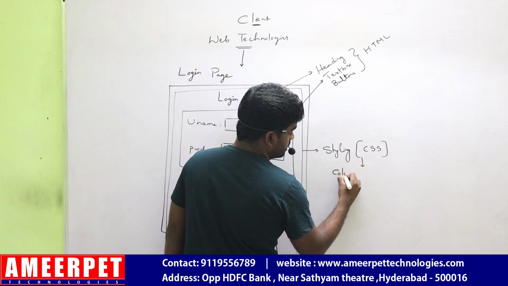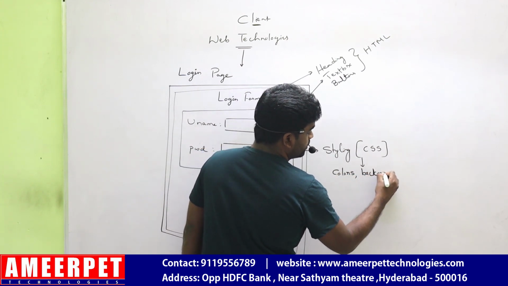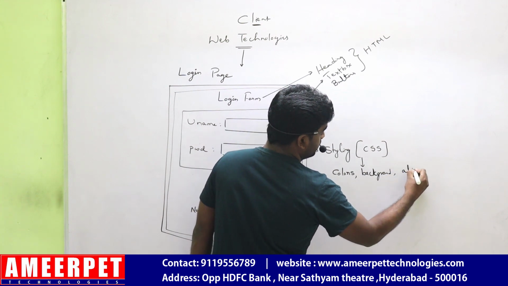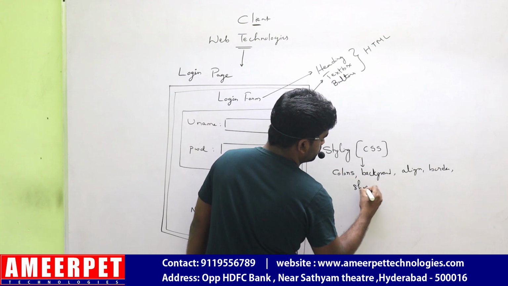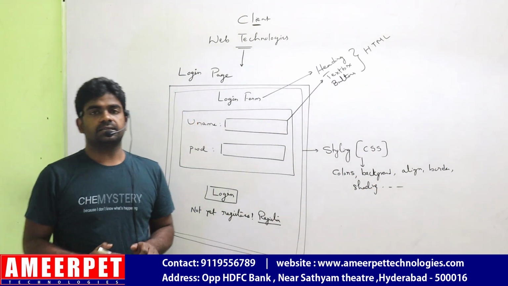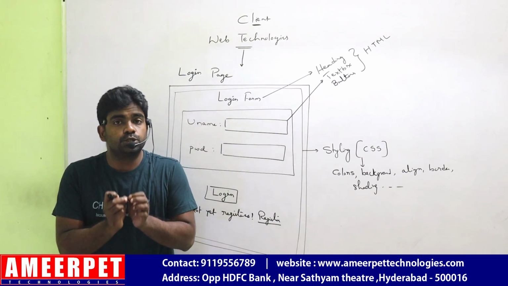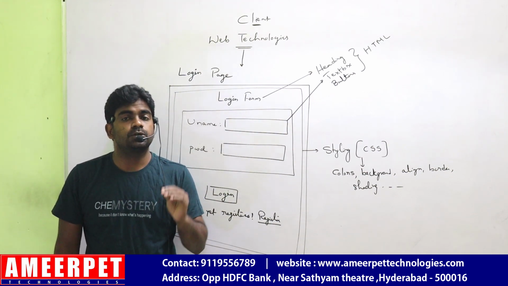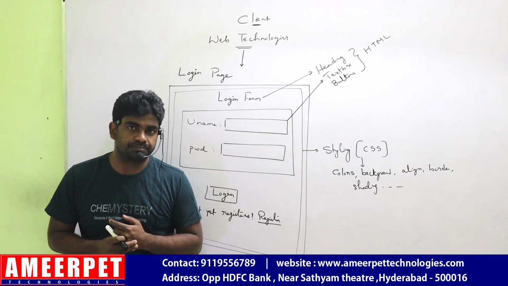Suppose colors, text colors, background colors, alignment, borders, shading, padding, spacing, all these things come under CSS. So what is the purpose of CSS? Just to apply styles to the web page, we are using the CSS concept.